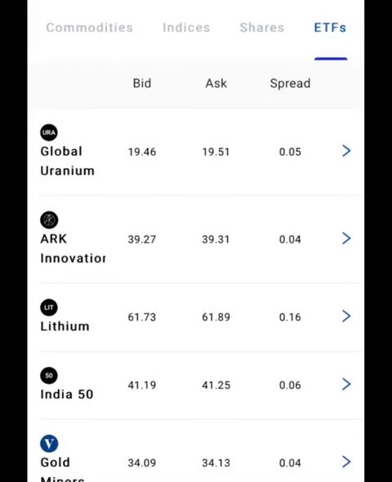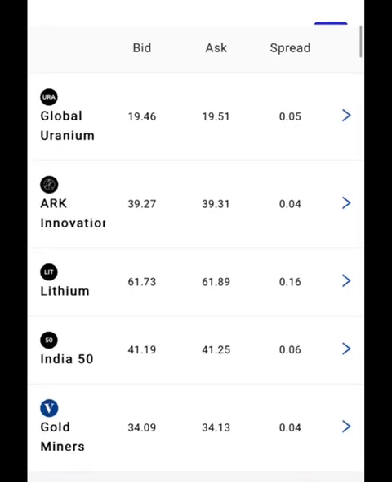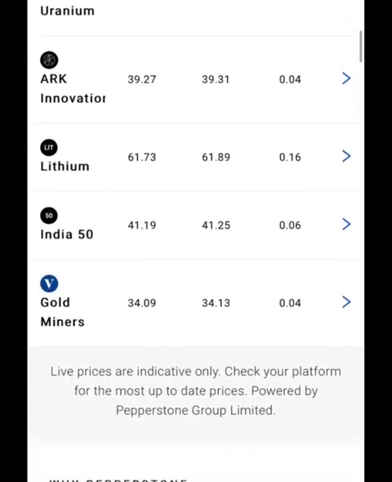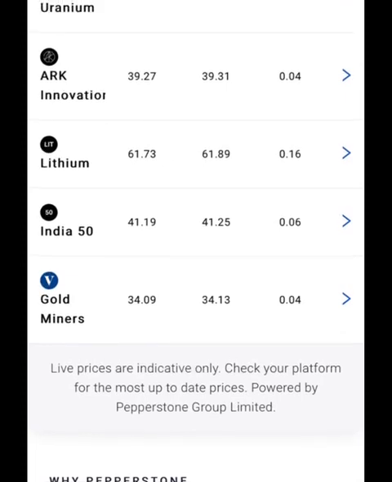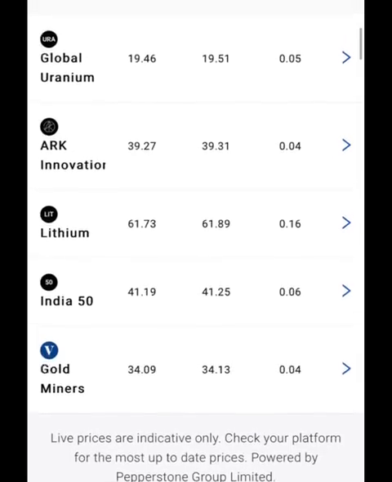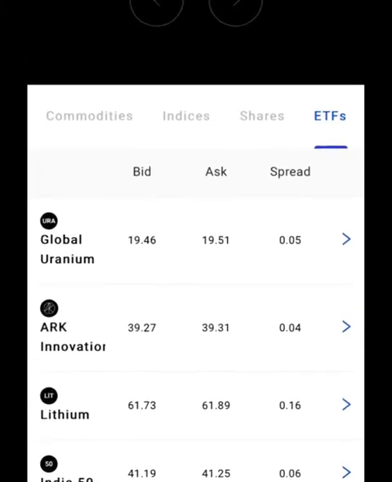For the ETFs they offer global uranium, the ARK innovation, lithium, the India 50 and the gold miners. This is a real live chart analysis on the market.